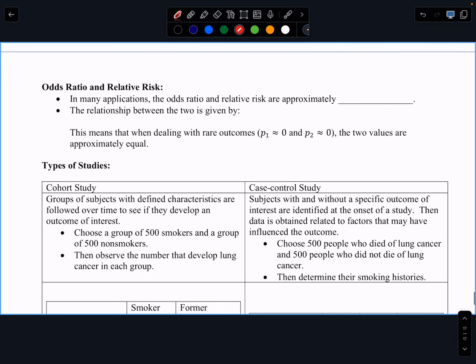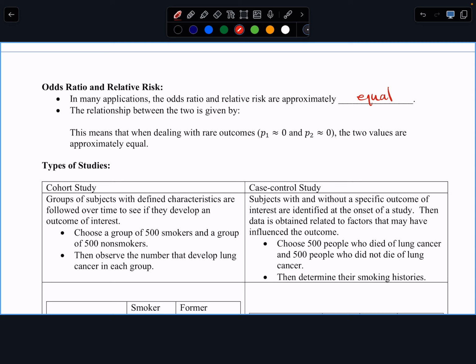All right. So it says, in many applications, the odds ratio and the relative risk are approximately equal to each other. They're not going to be identically equal, but they're going to be approximately equal. And there's sort of a preference for the odds ratio, which is why we spent more time on that.